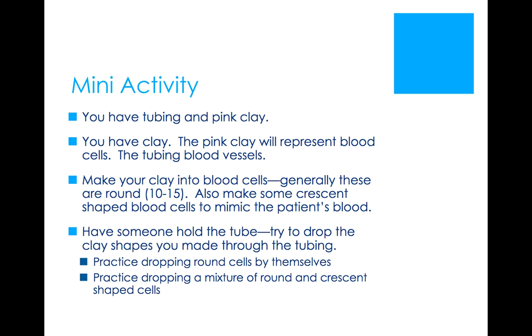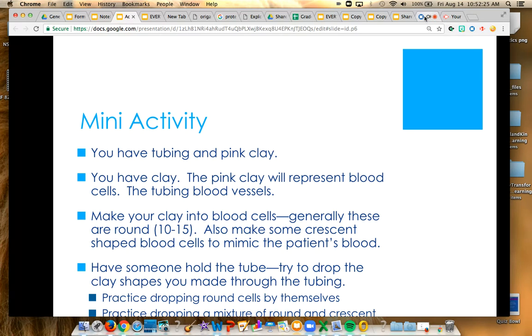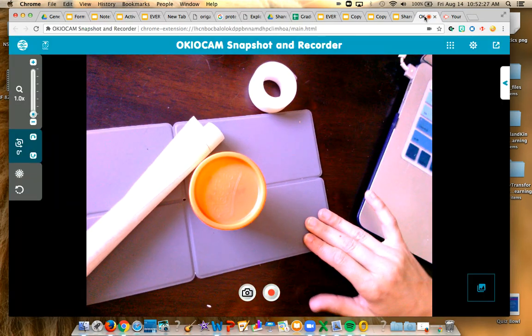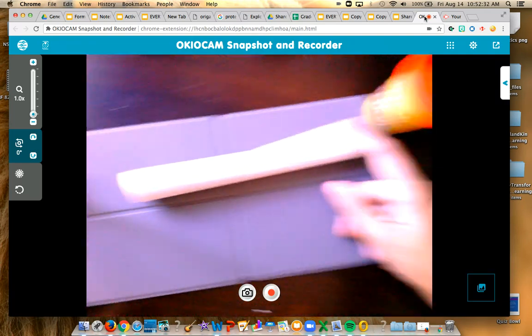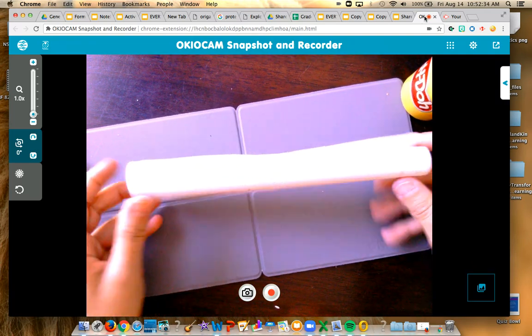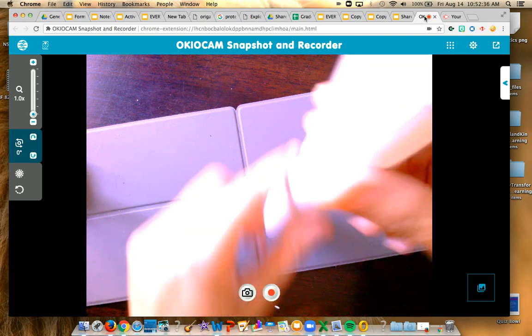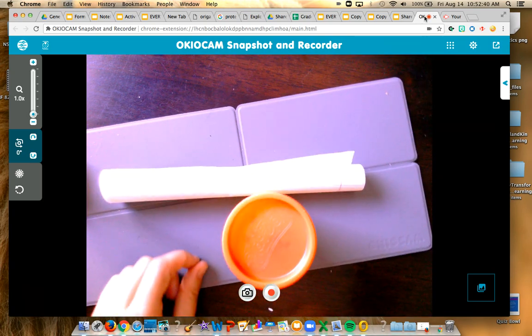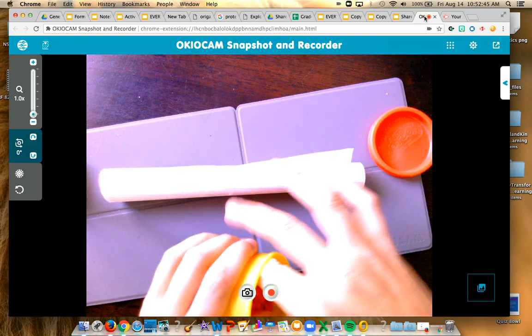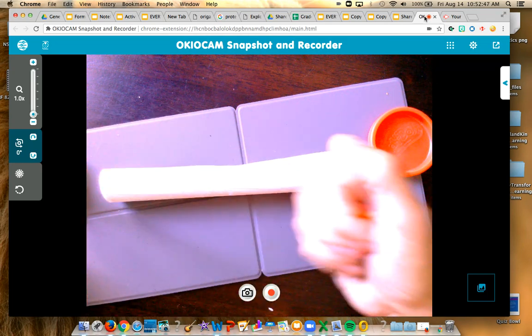So I'm going to switch my screen so you guys can see what's going on. All right, so what we've got here is a paper tube. So this paper tube is just a piece of paper with tape, and it's hollow. Then I've got my Play-Doh. I know it looks orange on your screen. It is not, it is pink. So I'm going to make some blood cells.